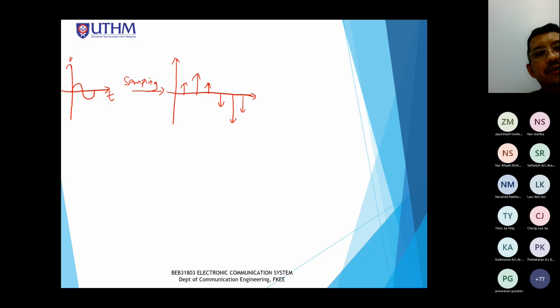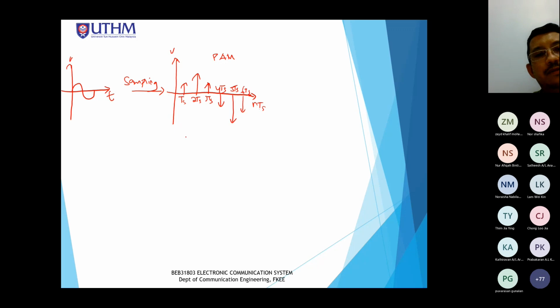We have changed from a continuous time signal into a discrete time signal. The sampling time is defined as TS, which is the sample time, TS, 2TS, 3TS, and so on. This is what is known as the pulse amplitude modulation signal.